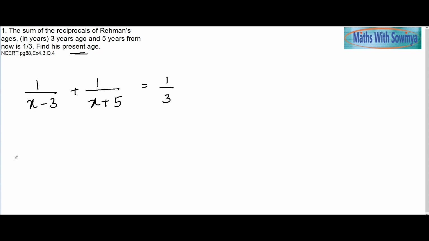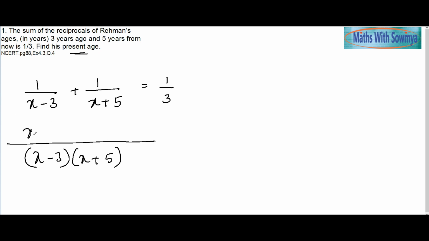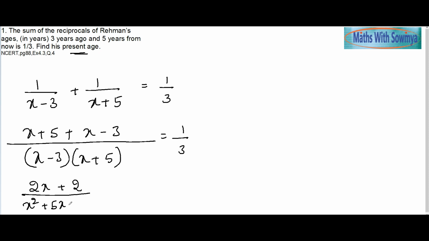Take the LCM. X minus 3 goes X plus 5 here, plus X plus 5 goes X minus 3 here. This is 1/3. So adding here, 2X plus 2 divided by X square plus 5X minus 3X minus 15, which is equal to 1/3.